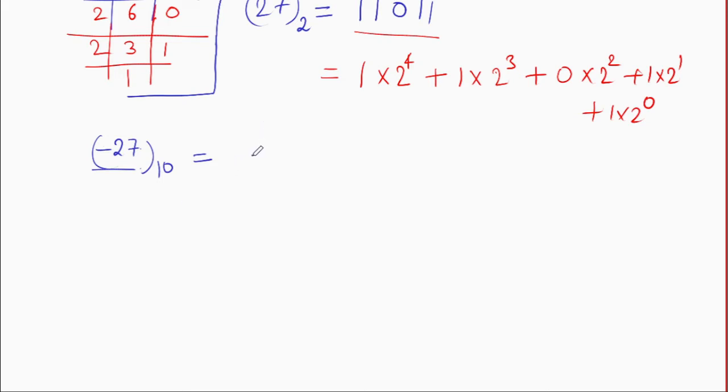In base 10 it can be represented as minus 27, but the values that a computer can understand are only 0 or 1, and there is no negative number, like no negative of 1, negative of 2.